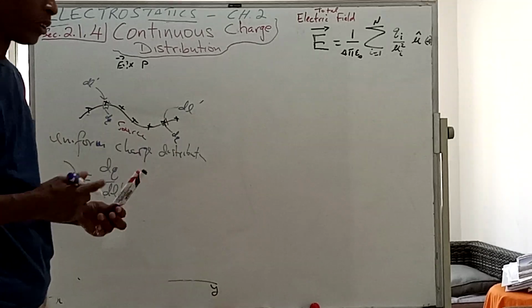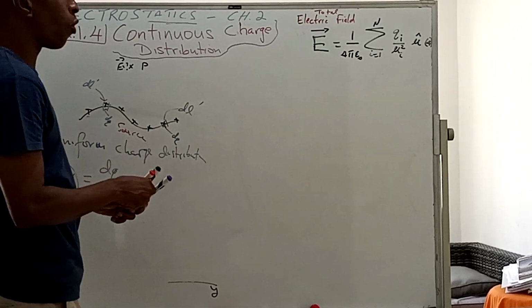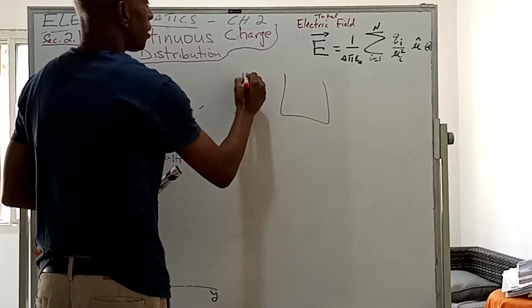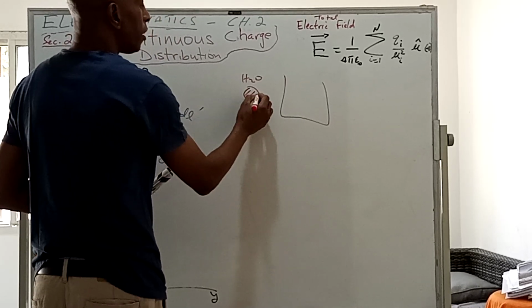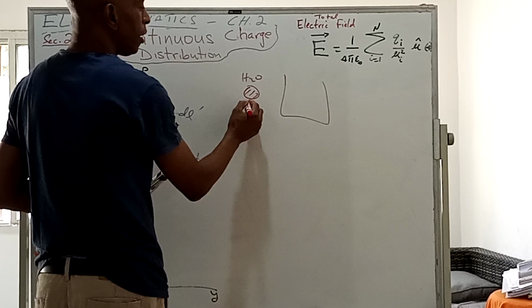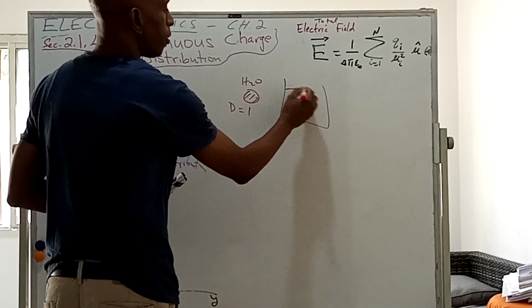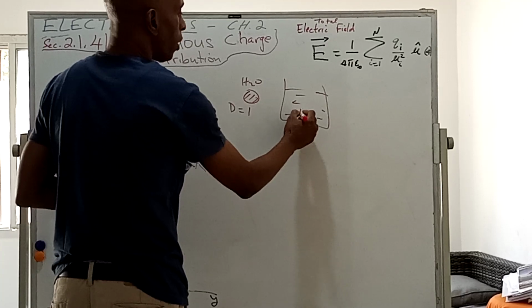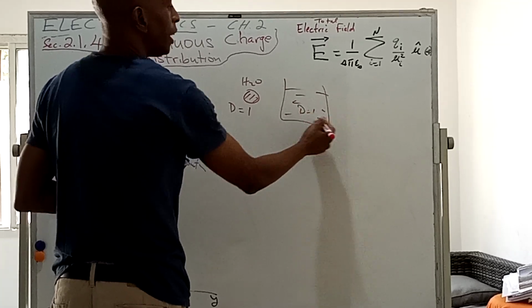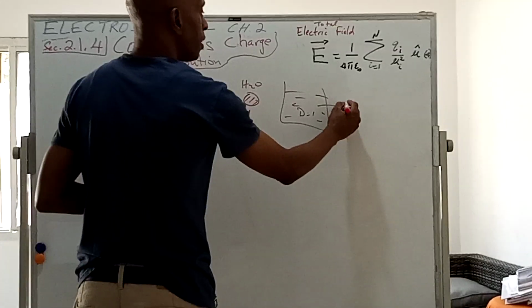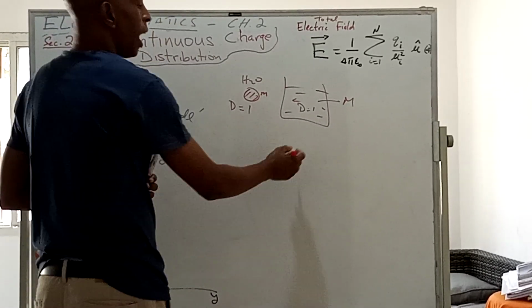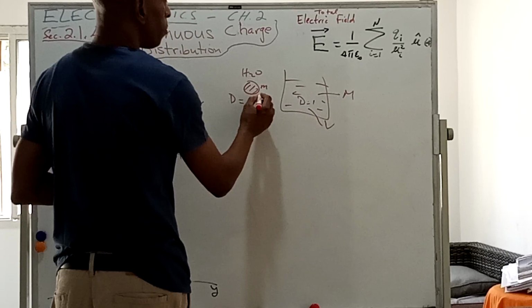To make the analogy, just think of a drop of water with a bucket of water. Right? The density of a drop of water, if it's 1, then we know that the density of a bucket of water will also be 1. However, the mass of this bucket of water is much bigger than this one, and the volume occupied here is much bigger.